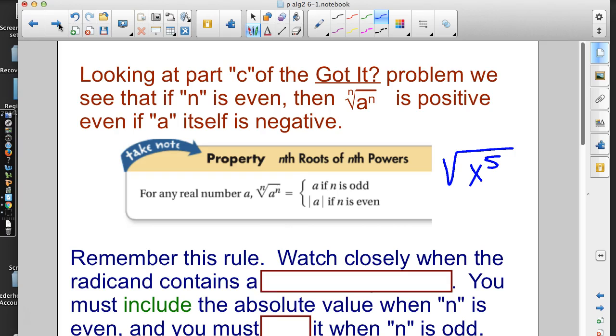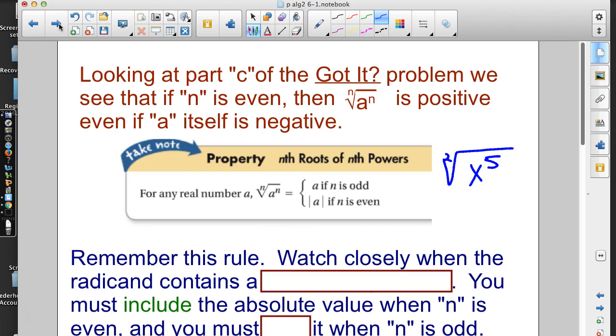How did they know that? Because if we put negatives in here, we wouldn't be able to do this problem. We would get no real solutions. So in this case, if we're going to take the square root of x to the fifth, and our answer comes out with something that would be negative, we have to tell people, we can't use negatives in this. The person that wrote this knew we weren't going to use negatives.